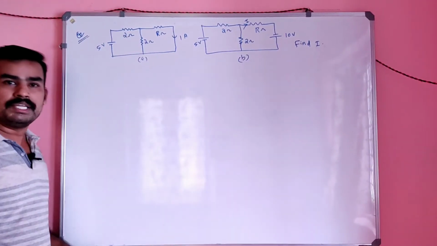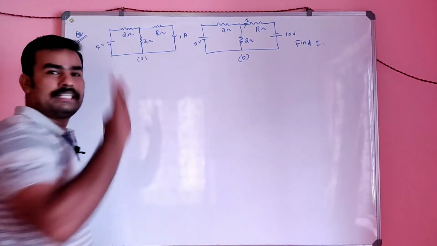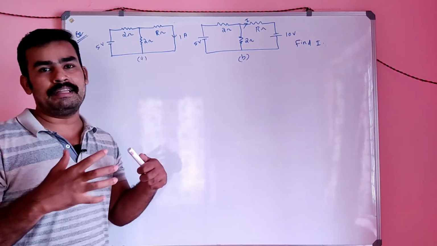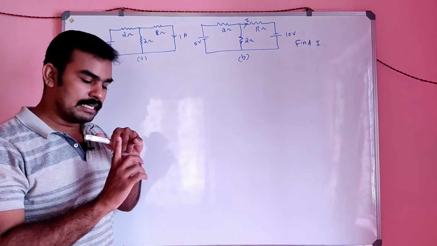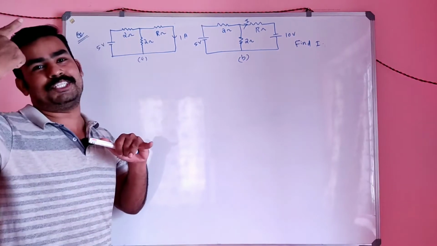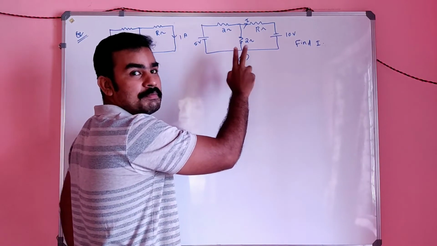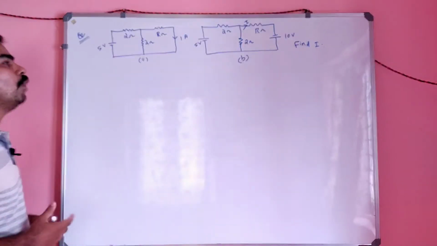But this can be solved by using the reciprocity theorem as well as the superposition theorem in combined form. It can be solved with the reciprocity plus superposition principle. Two theorems can be applied here to solve such a problem. Let's see how.